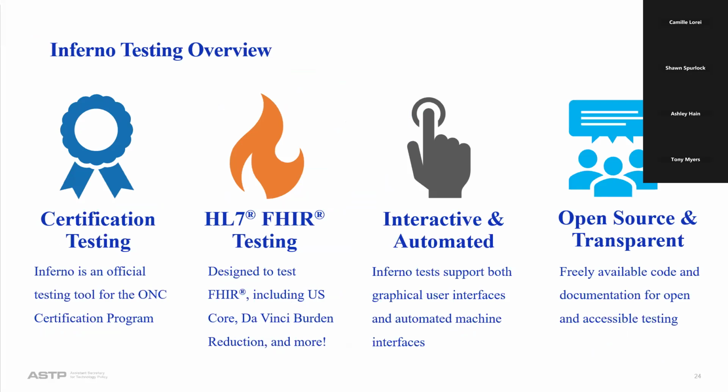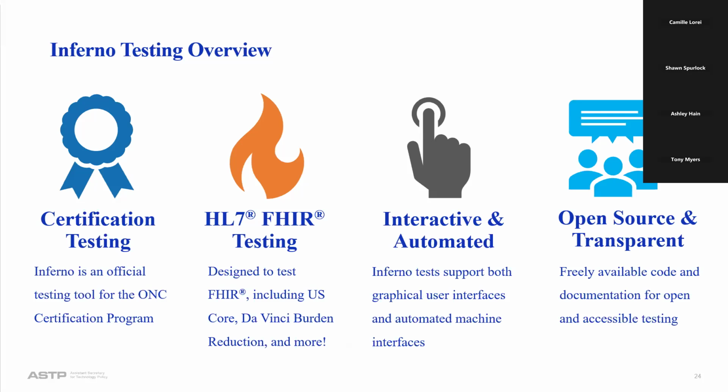Okay, so this slide provides an overview of some of the key points regarding the Inferno testing tool specifically. So what is Inferno? First, Inferno is an open source tool for creating conformance tests for the FHIR standard. Inferno is capable of supporting tests for a variety of use cases, one of which is the ONC certification program.